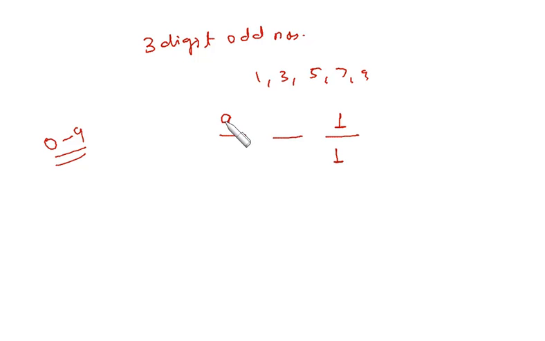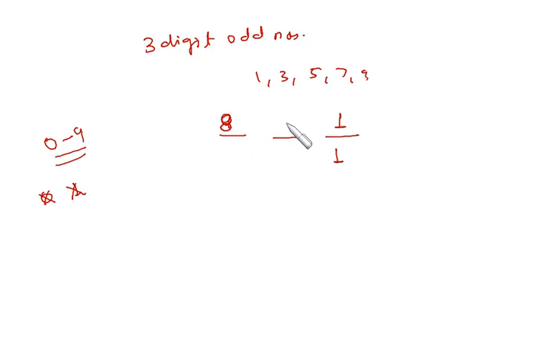Now further listen to me. I don't have 9 choices. Why? Because I have already used up number 1 over here, right? Getting me? So I cannot use 0, I cannot use 1, so I have 8 choices over here, right?